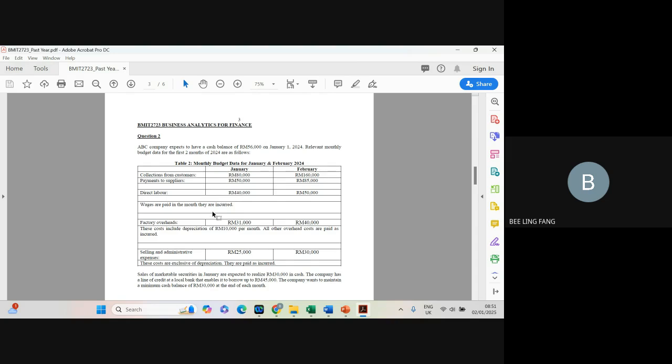Wages also under total costing, depreciation 10,000. Okay, this one overhead is under disbursement. Selling and administration also disbursement, right? The company expects to have cash balance 56,000. That means opening cash 56,000. Okay, so later we will do this one.